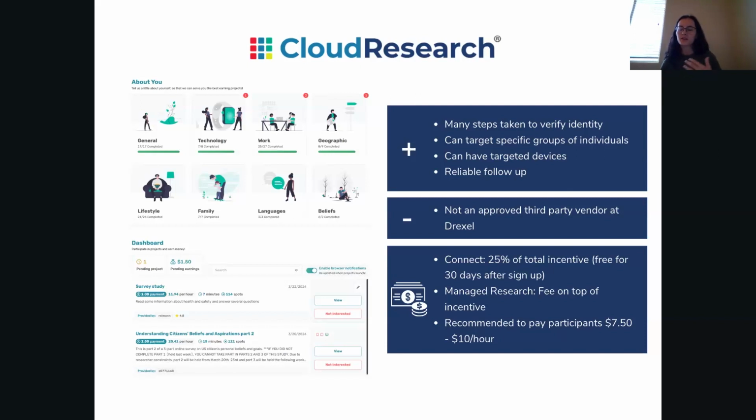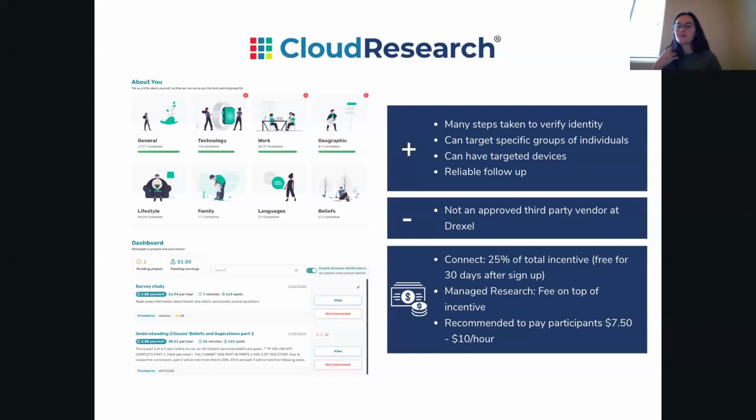And one thing that Cloud Research is looking for is if the individual's website is translating into a different language, it'll flag that individual and it won't let them even join the platform. In addition, with Cloud Research, you can require targeted devices. For example, if your study is best completed on a computer, individuals who are on the site on their phone or on a tablet won't be able to start the study.